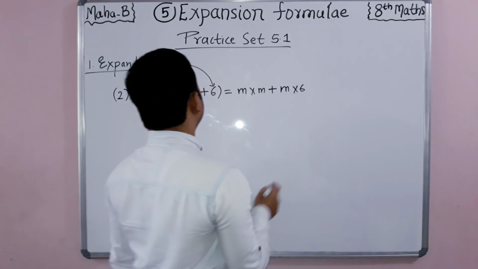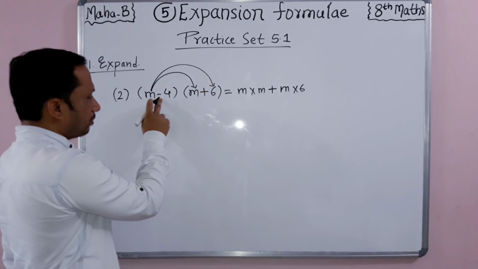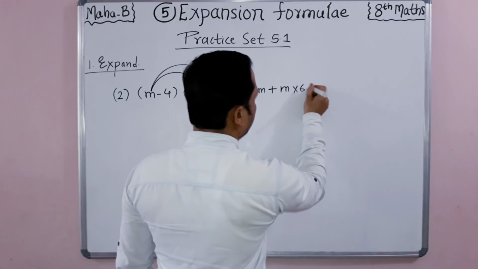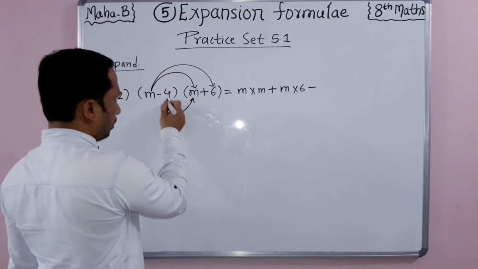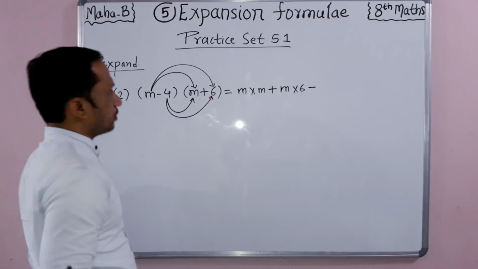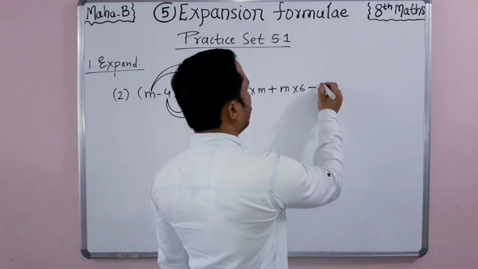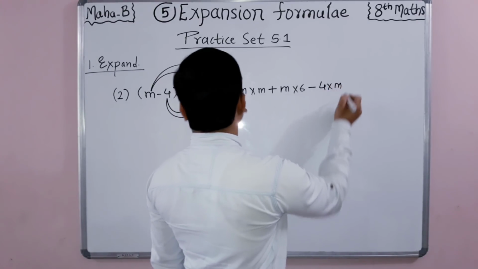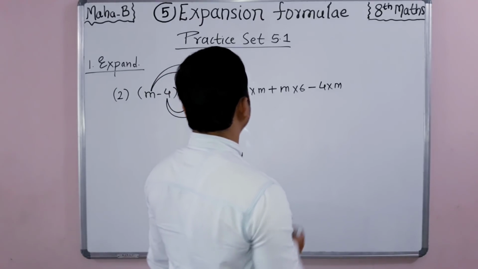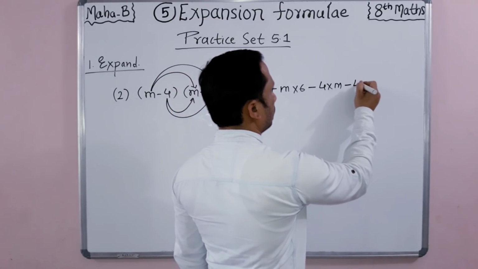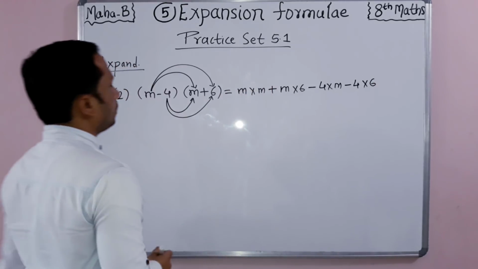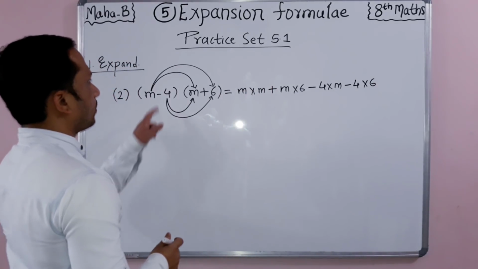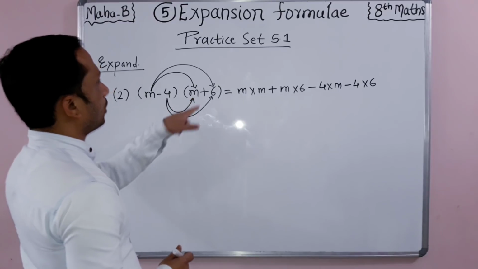Okay students, now see students, here is your minus sign, so write the minus sign here first, and then multiply this 4 into m and this 4 into 6. Okay students, so minus 4 into m, and finally minus 4 into 6. Okay students, so this is the second multiplication students, minus 4 into m and minus 4 into 6.